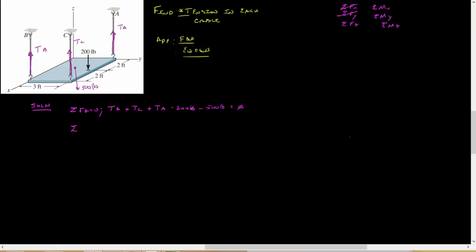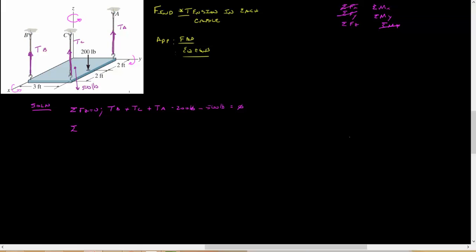No. So I can really count those out. If I sum my moment about the z-axis, am I going to get anything? No, those are all going to be 0 as well. So I can sum my moment about x and y, and you'll notice I'll have rotation here, and rotation there.